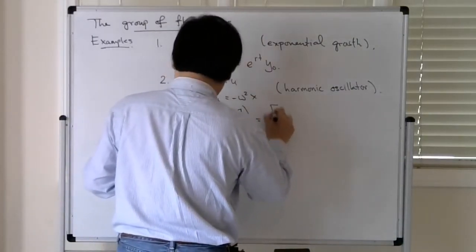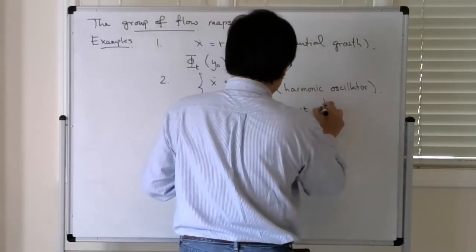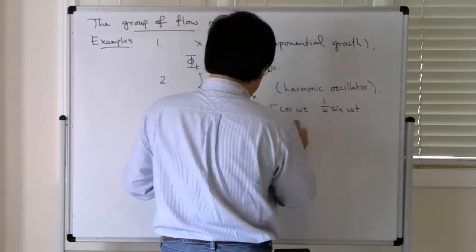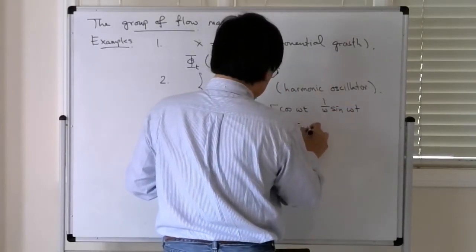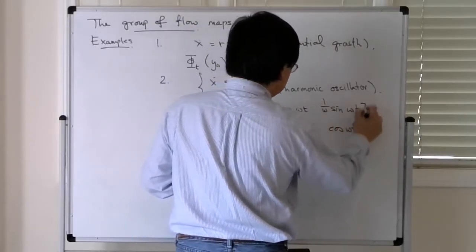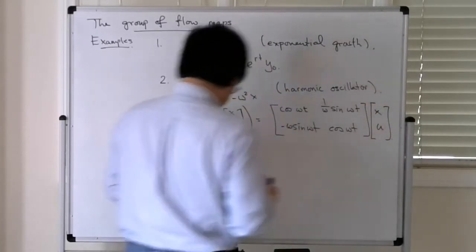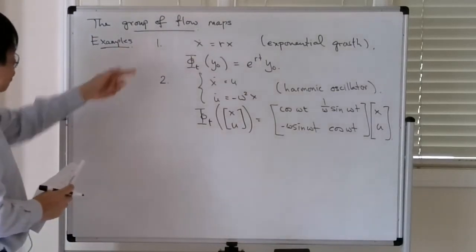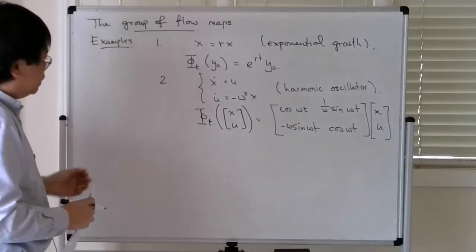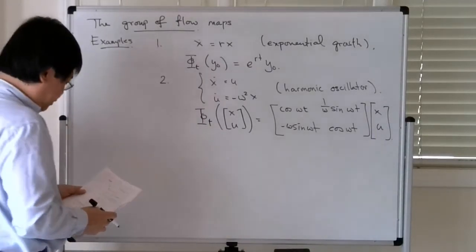Okay, and this is going to be the matrix with rows cosine of omega t, 1 over omega sine omega t, and minus omega sine omega t, cosine omega t, applied to the initial data x and u. So both of these equations are examples of a system of linear differential equations. So let's ask, well, what happens more generally speaking.